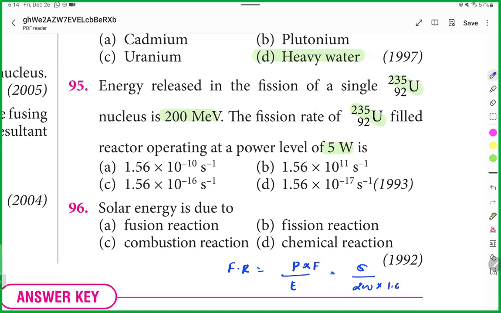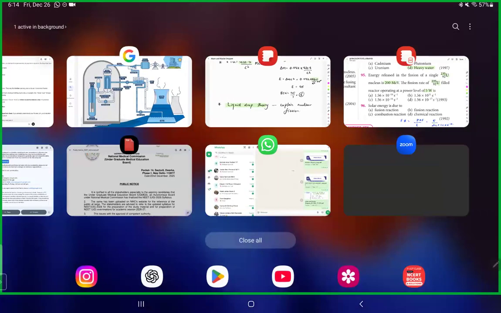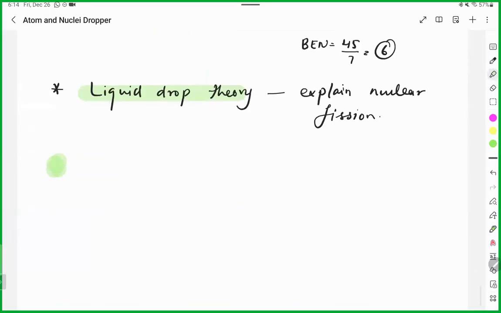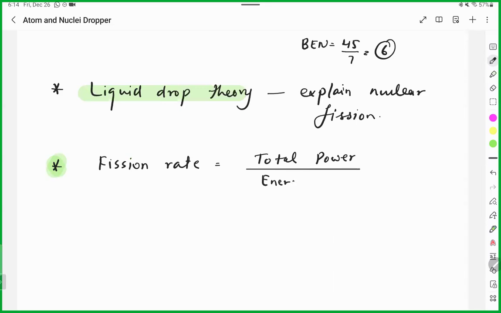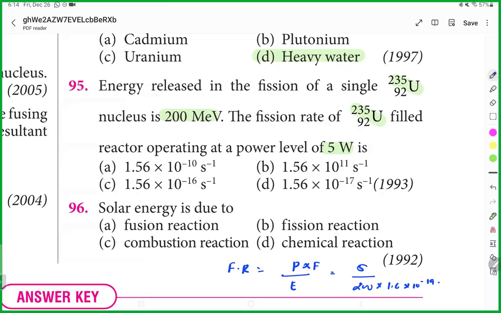So 1.6 into 10 raised to power minus 19. You can calculate. Understood? So again, you can add: what is the fission rate, breakdown rate. So how to calculate fission rate? Total power divided by energy per fission. Energy is one breakdown, remember. Then you can calculate total per unit time.